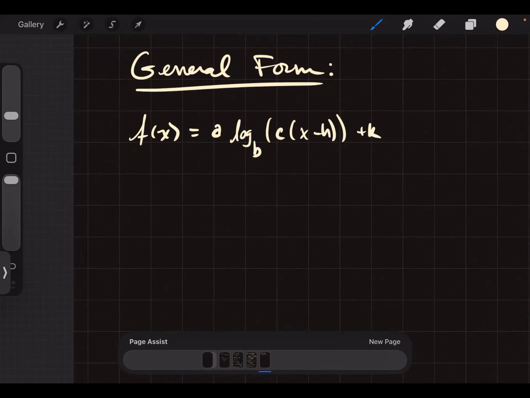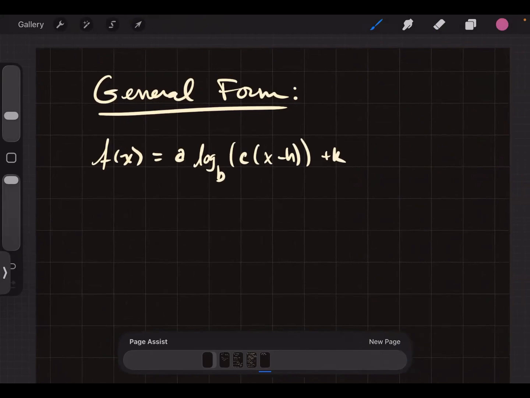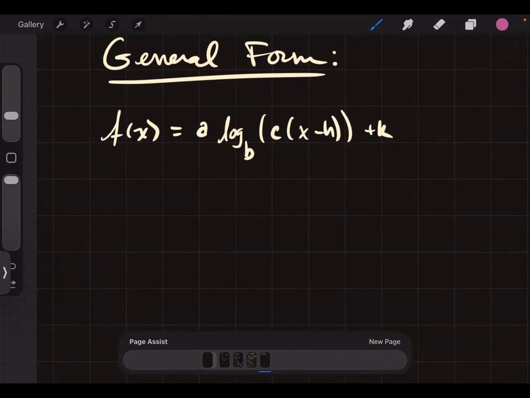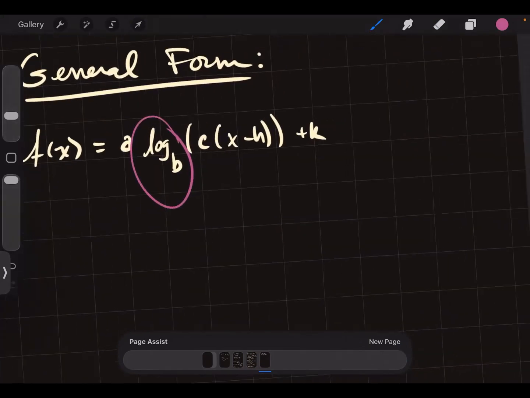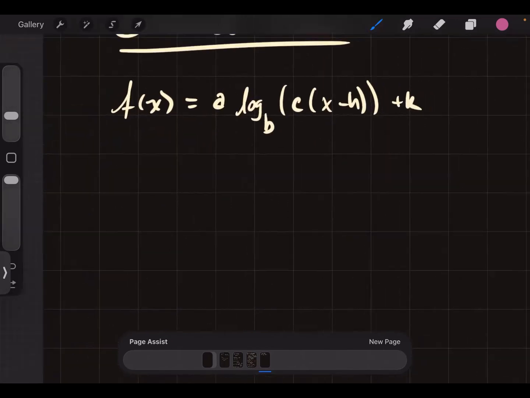The reason this is important is because, as you've noticed with other functions, you can use these parameters to help with the transformations of the function. For this, it's not going to be the important part for our transformations, not what we look at for our vertical and horizontal shifts. So let's get into it.